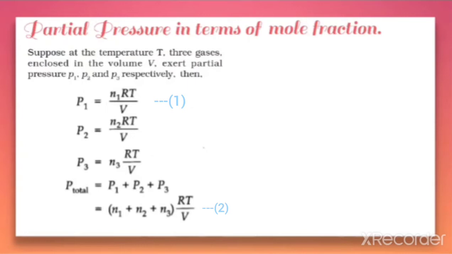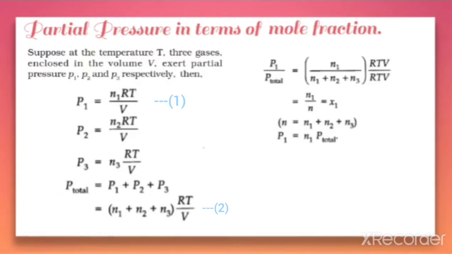That is, you divide the LHS and also the RHS. We get P1 by P total is equal to N1 upon N1 plus N2 plus N3. RT by V is there in the numerator and RT by V is also there in the denominator, so these get cancelled because they are the same value.